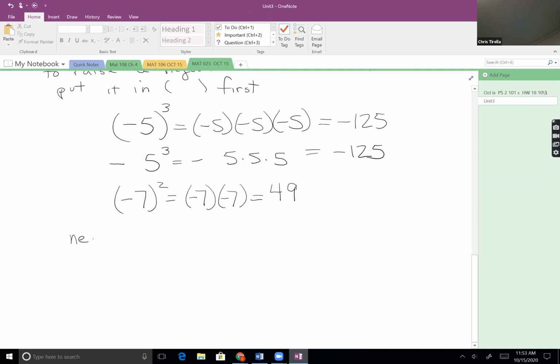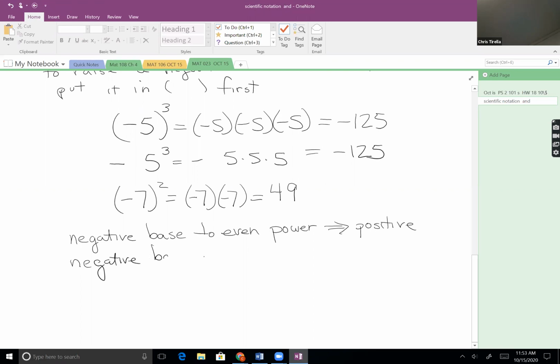So a negative base to an even power gives you a positive, as opposed to if I take a negative base to an odd power, that would give me a negative number. So far, so good.